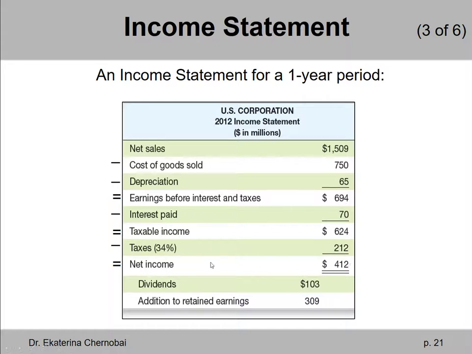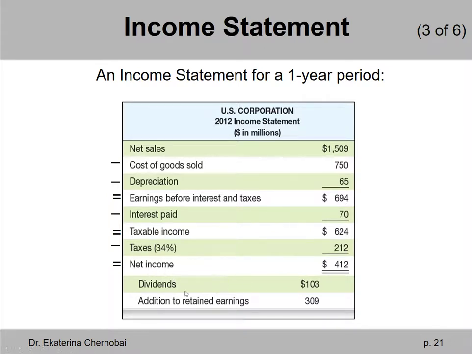So net income is technically the last item in an income statement. And the reason there are 2 more items, dividends and addition to retained earnings, is because this is what the firm would then be doing with its net income or profit. So it can use all of it to pay out dividends.